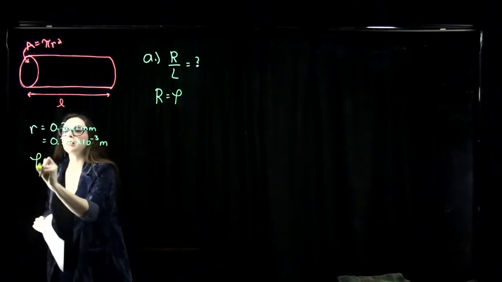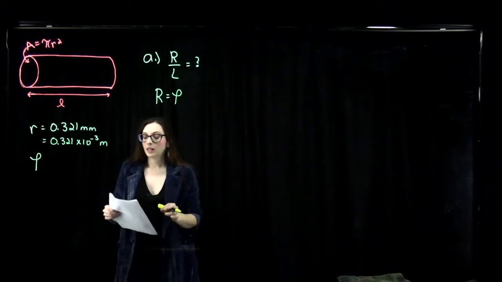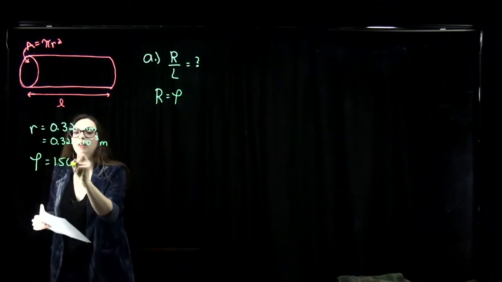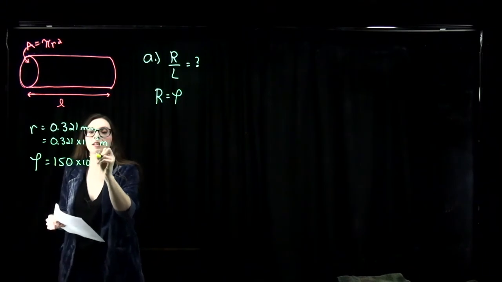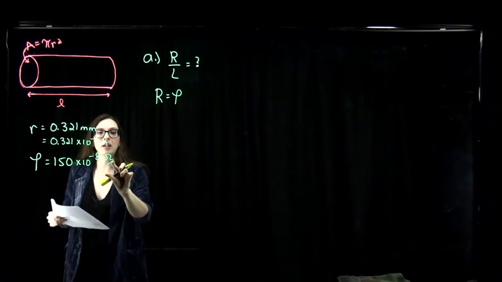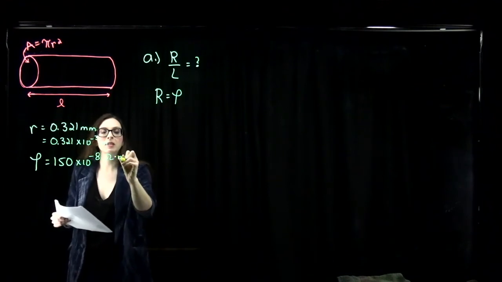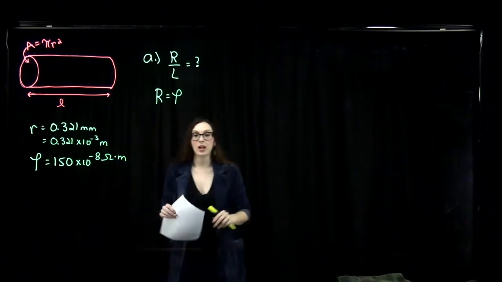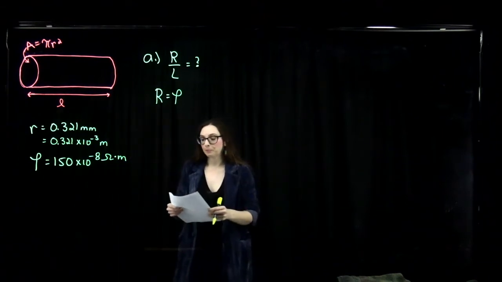So the resistivity of our nickel chromium wire is 150 times 10 to the minus 8 ohms, not per meter, ohms times meter, okay? That's the unit on resistivity, an ohm times meter.